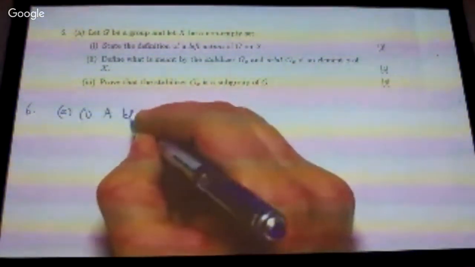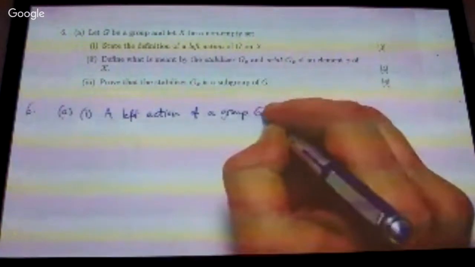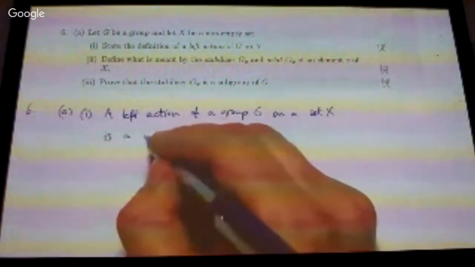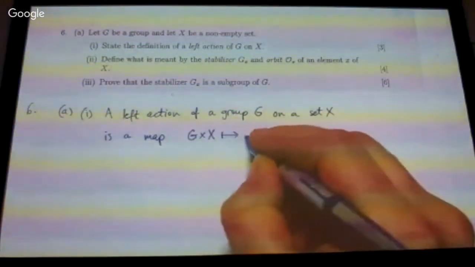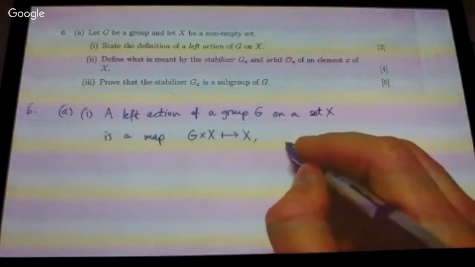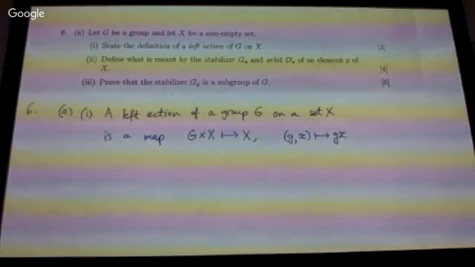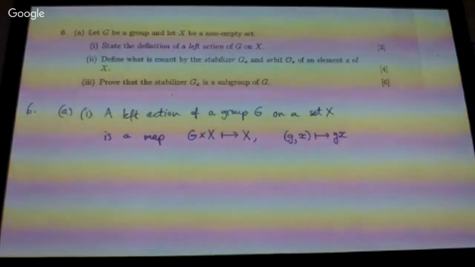and the left action, so when you want to define it formally, a left action of a group G on a set X is a map from the Cartesian product G cross X. Oh, sorry, I messed up.